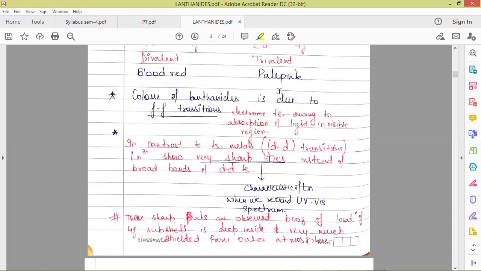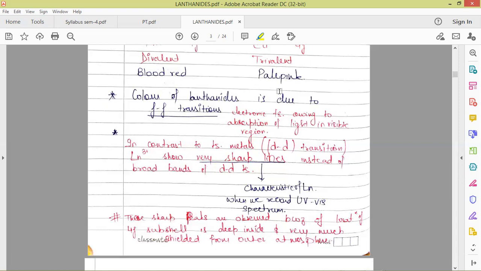It is very much shielded from the outer atmosphere, whereas for d electrons there is a ligand field surrounding the central metal ion and other disturbances. But in case of lanthanides, the 4f subshell is present very much deep inside.